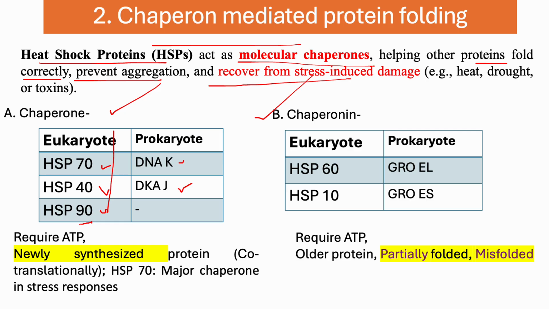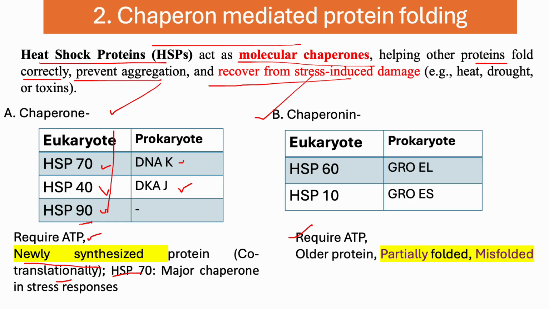So in eukaryotes, these 70, 40, 90 help to fold the protein, but here ATP is required. Mostly these chaperones act on newly synthesized, fresh protein, and that's why sometimes they work co-translationally. Among these three, HSP 70 is the major chaperone.